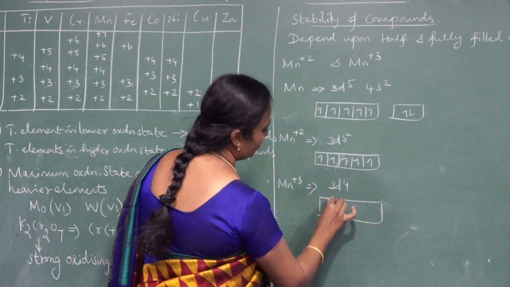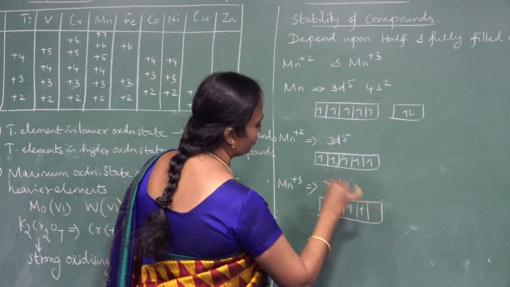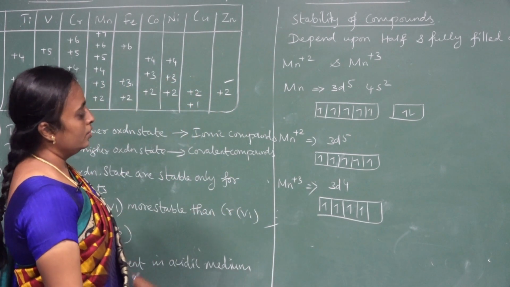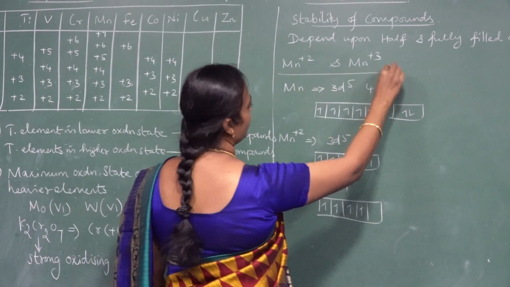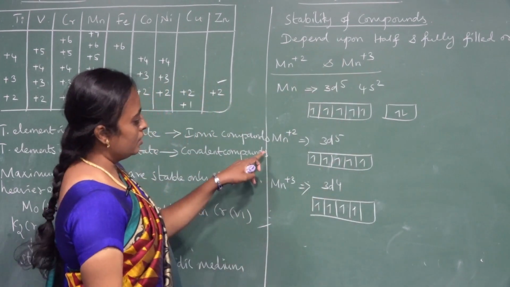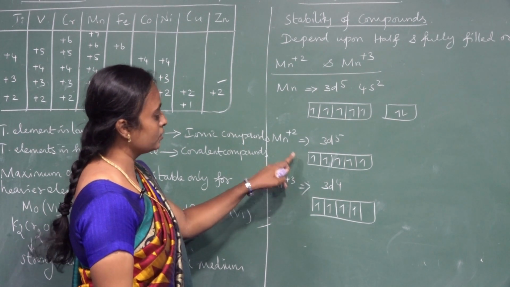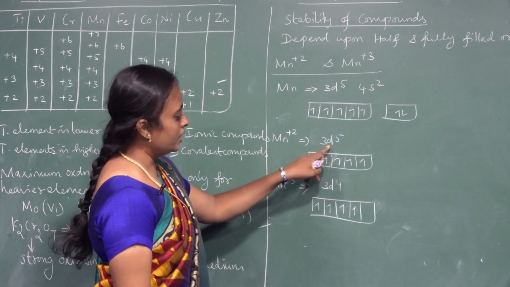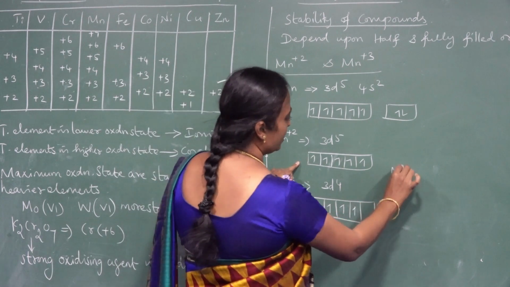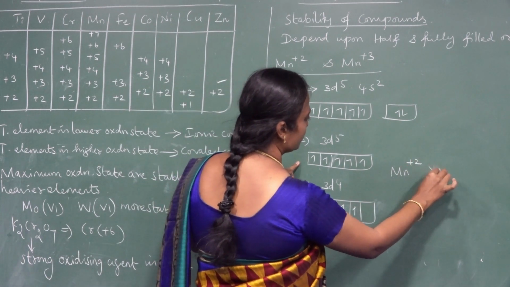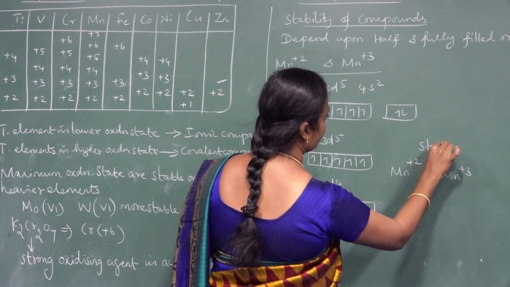So 3d4 means the number of unpaired electrons is only 4. Okay, so I can compare the stability of the compounds here, which is more stable. Based on the half-filled electronic configuration in the 3d series, the d orbital of Mn+2 contains 5 unpaired electrons, so the Mn+2 state is more stable than Mn+3.